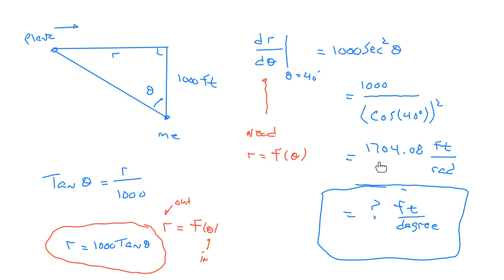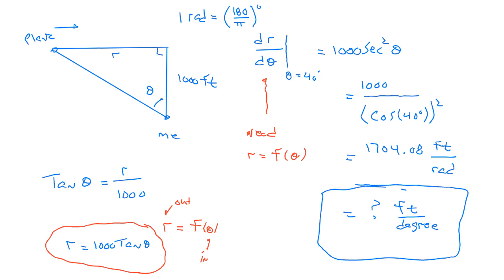Sorry, did you say 180 for that conversion? What was that again? Yes, so here, let me write it down. 1 radian is 180 over pi degrees. So that means a radian is about a 57-degree angle.